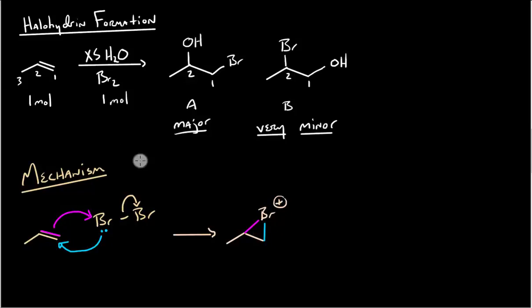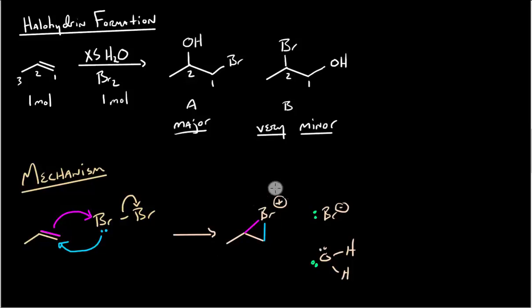Okay, and so after this, what we are going to have left over is a little bit of Br minus and a lot of H2O in solution. So now we have a bit of a game of choosing what's going to be the nucleophile.